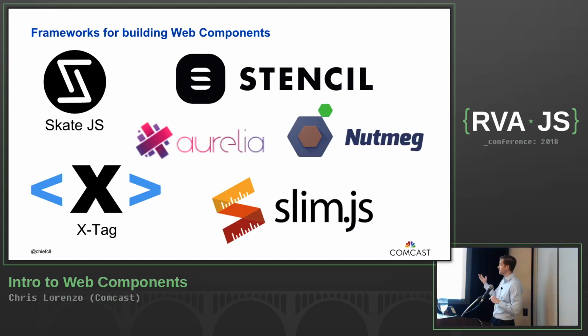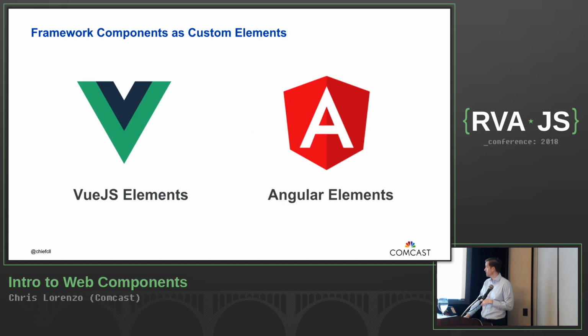Stencil is a great project if you want to create vanilla components. The other big ones I want to talk about are Vue.js elements and Angular elements. Angular elements is one of the big important ones. The problem with Vue.js elements and even Angular elements right now is that if you build a custom element inside one of those frameworks and give it to someone else, it has to load up the entire framework.